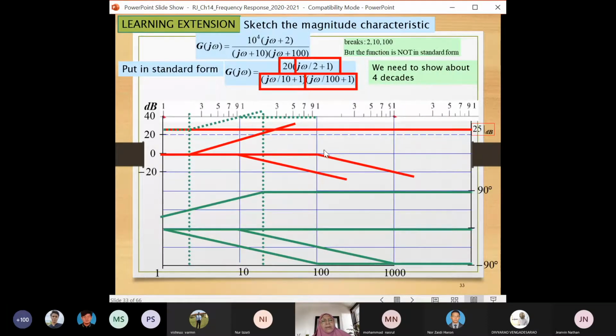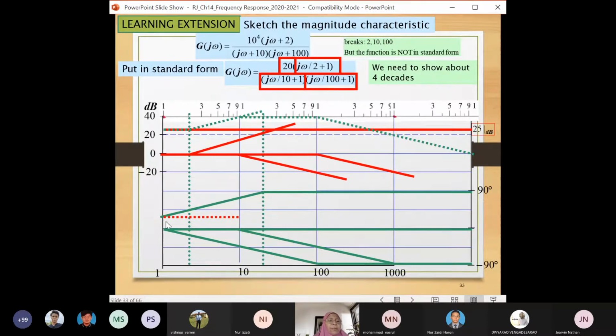So the effect will be a drop from 100. So you will see a straight line prior to 2 and then rising until 10 and then flat until 100.